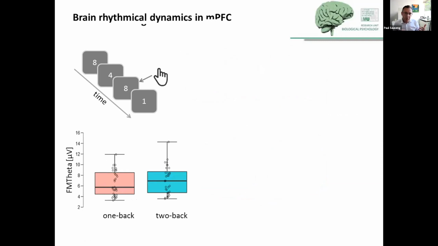And just to convince you that this is a quite stable finding, these are unpublished results that some of my first year psychology students recorded. They recorded EEG while participants were doing a short-term memory task, either a 1 back or a 2 back task. Of course, the 1 back task is a very simple one.